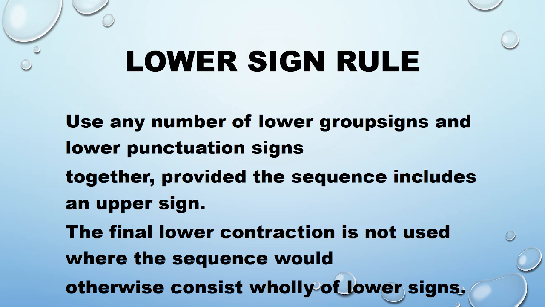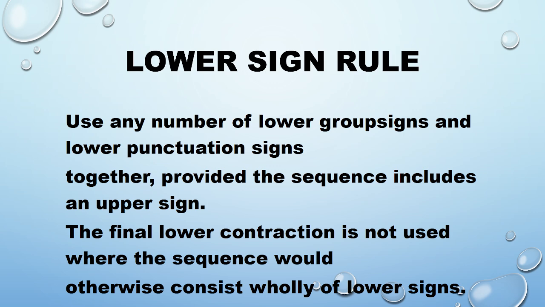an upper sign. As we know, the lower group signs make use of dots 2, 3, 5, and 6. If they are in a sequence, even the punctuations are actually lower signs.